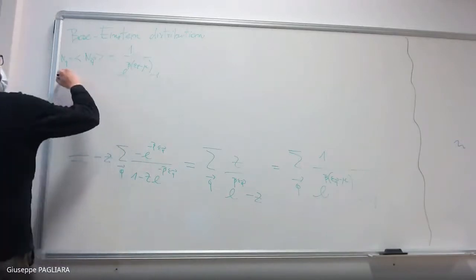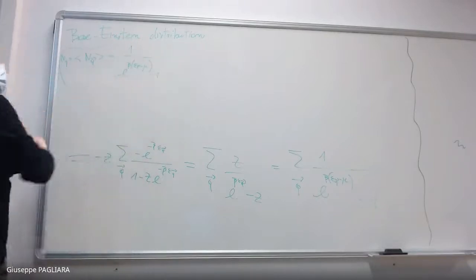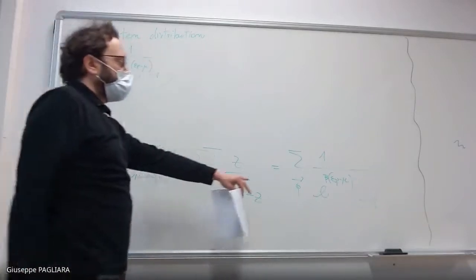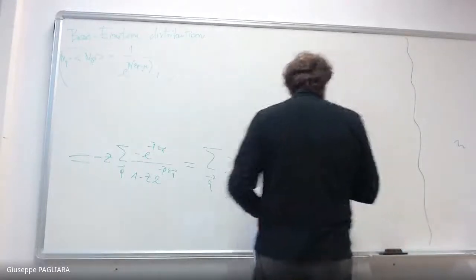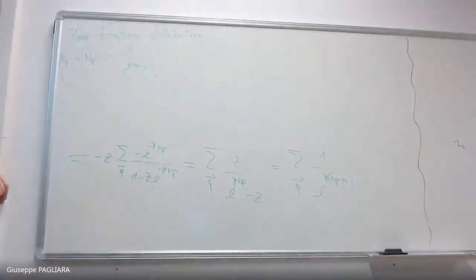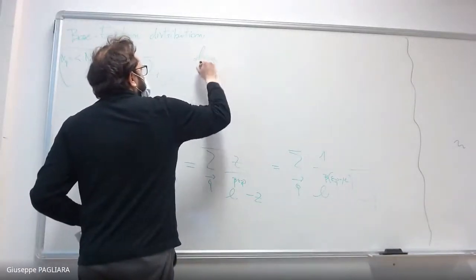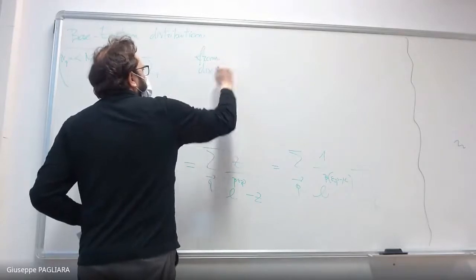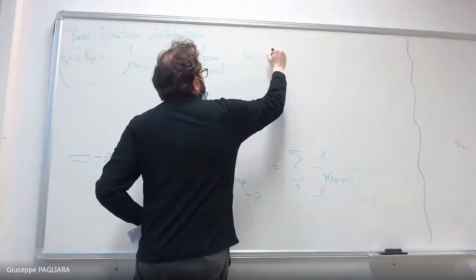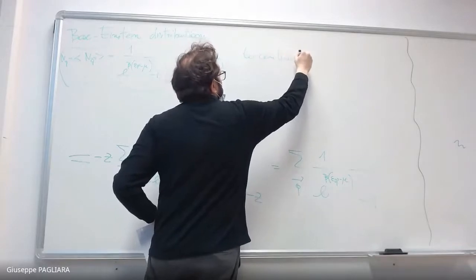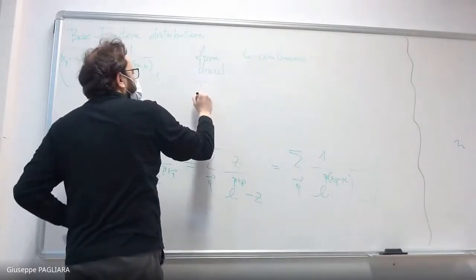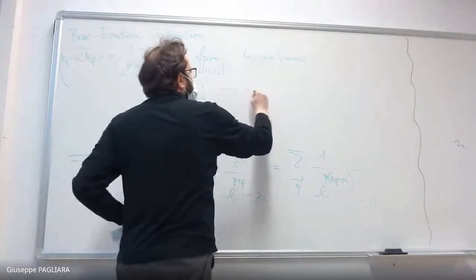So here, this is the Bose-Einstein distribution, and this is the number of particles where I'm summing over q. Now, if I want to make calculation easier, usually I go through an integral, so from discrete to continuous. I go from a sum over q to an integral.